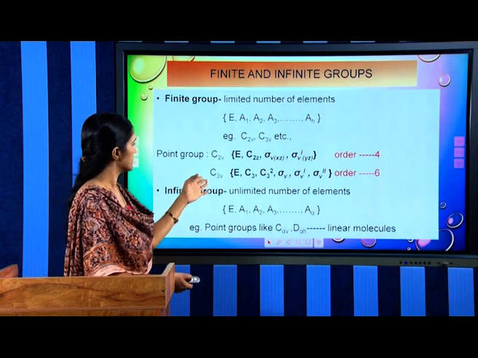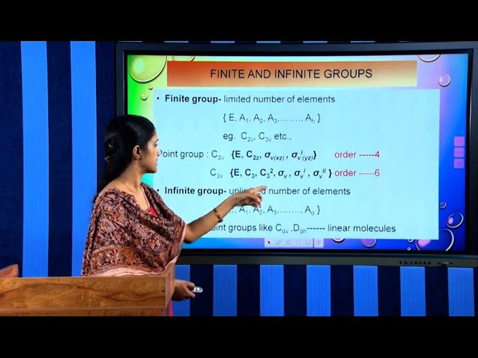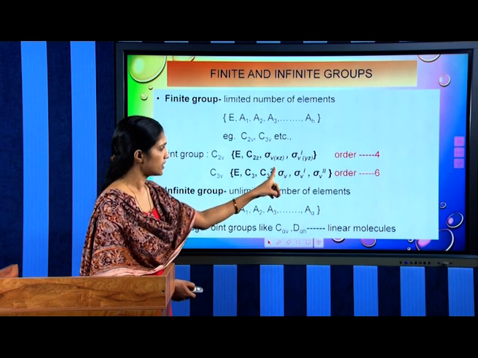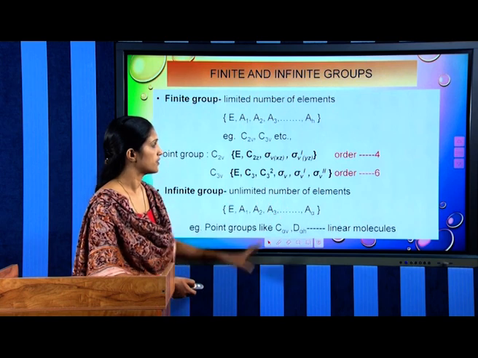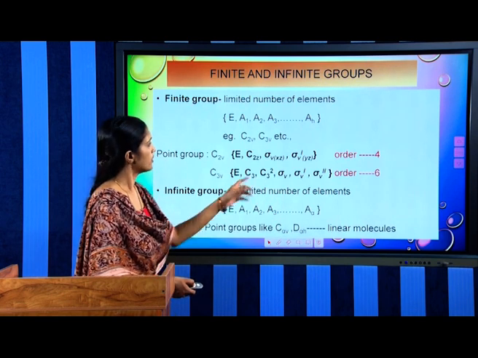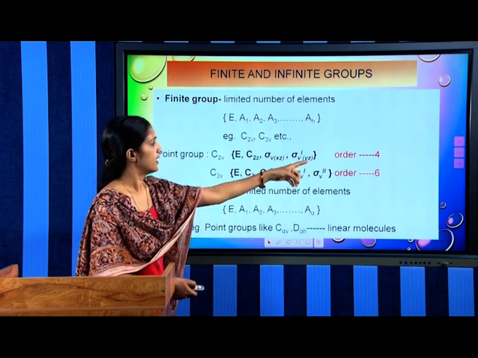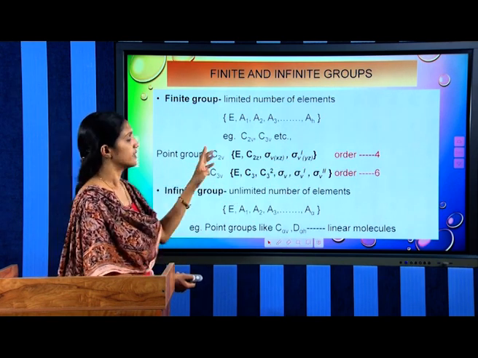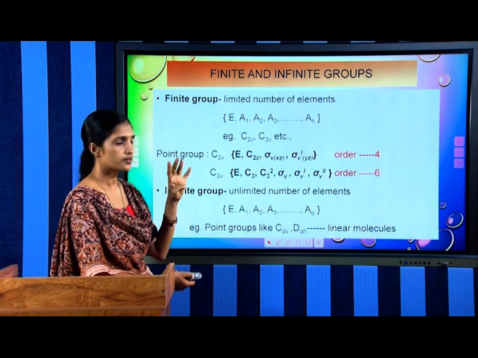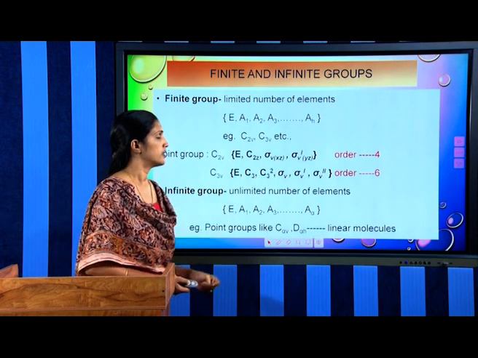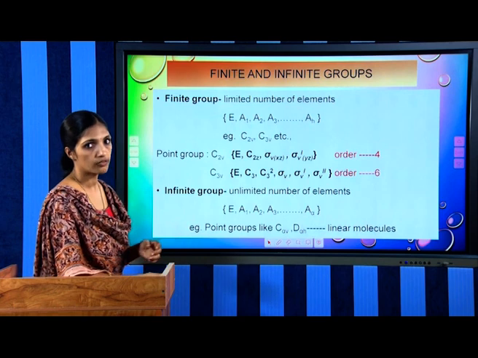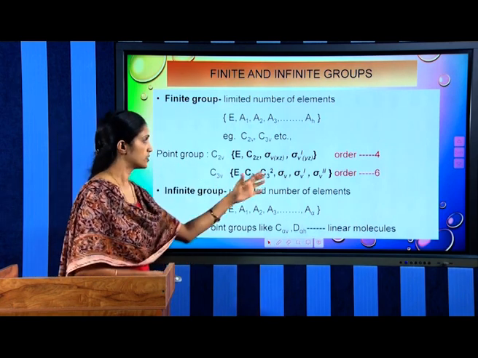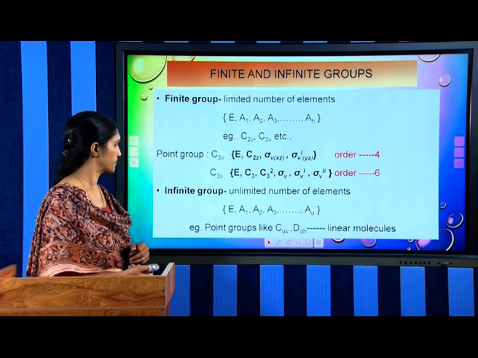And in the case of C3v, it contains 6 elements such as E, C3, C3 square, sigma v, sigma v dash and sigma v double dash. So, the orders of the groups are named here as 4 and 6. What does it mean? C2v contains 4 elements, so it is known as a group having order 4. And in the case of C3v, it contains 6 elements, so its order is 6.